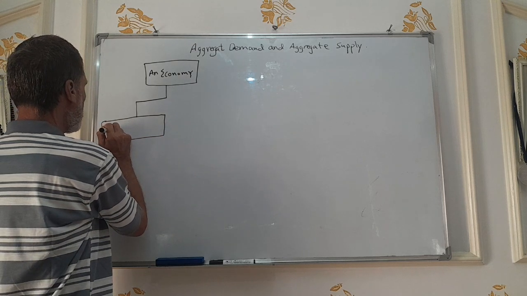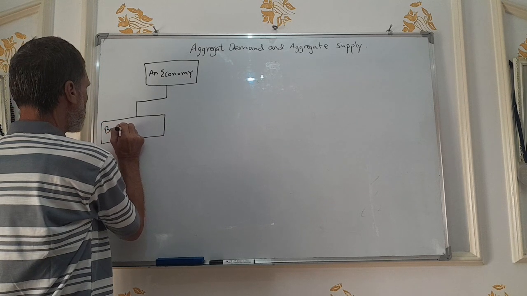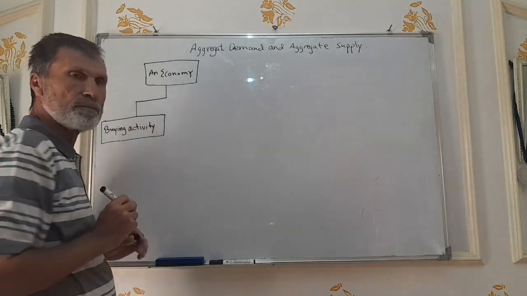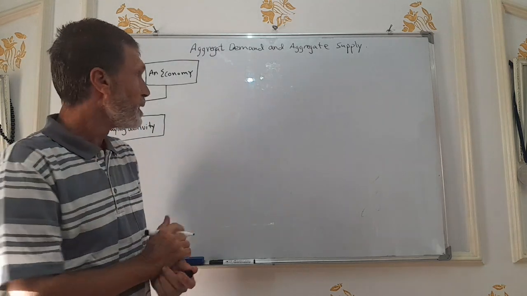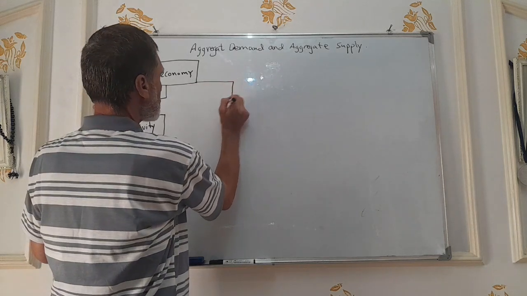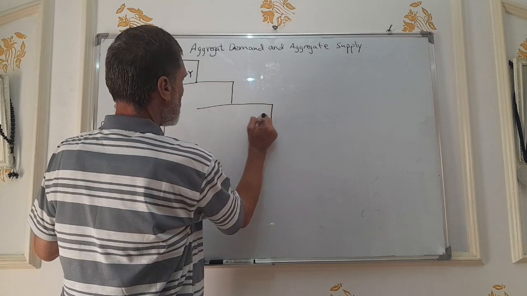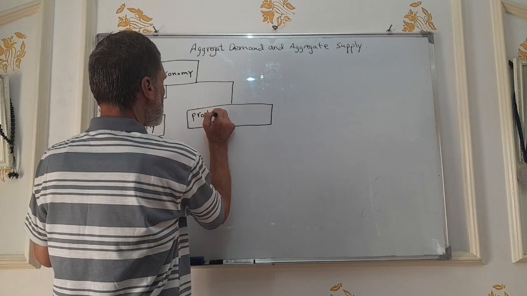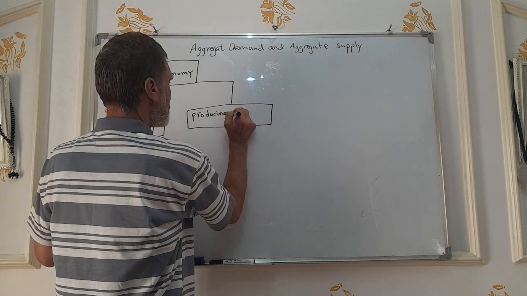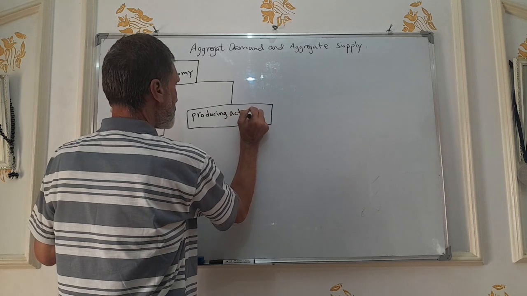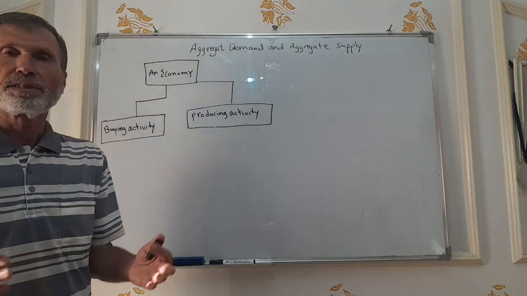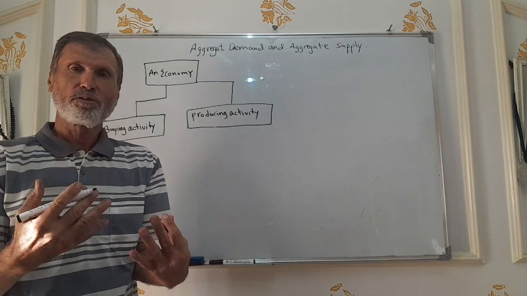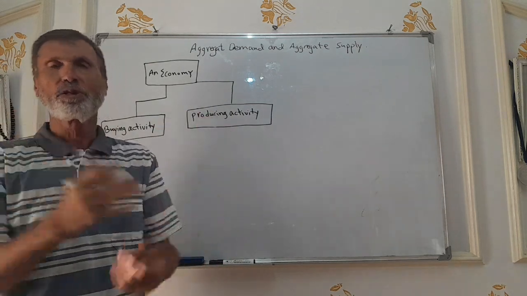We have the buying activity, the purchasing of goods and services, and we also have the producing activity. A firm or a business is established in order to do what? In order to produce goods and services.